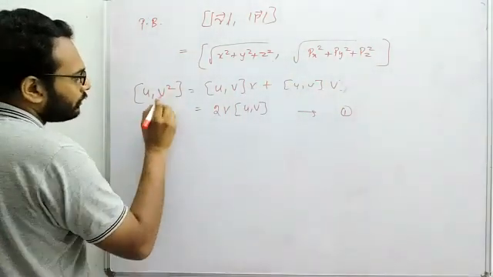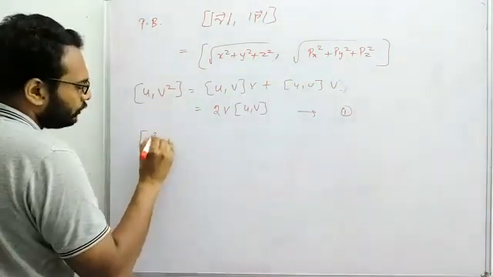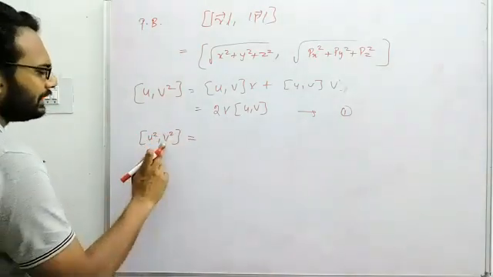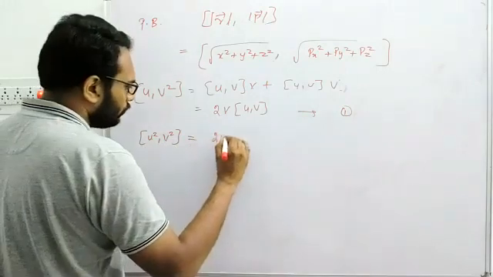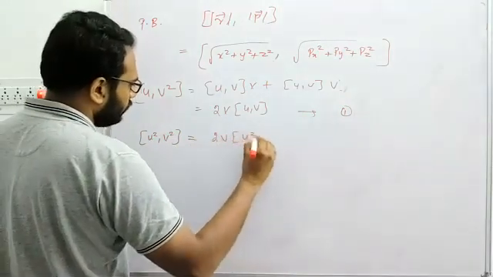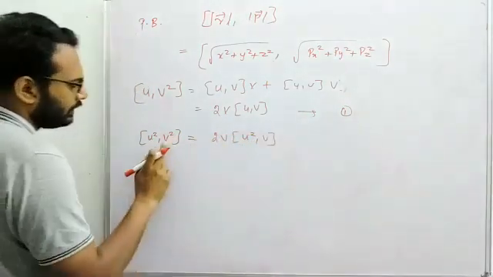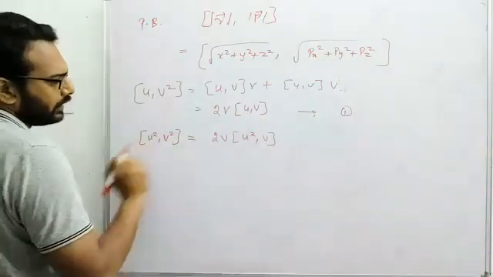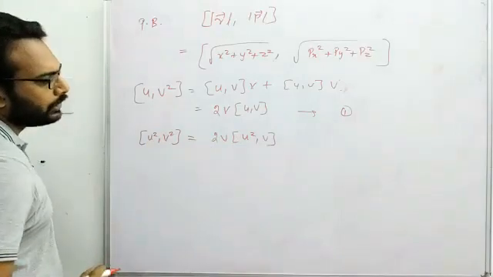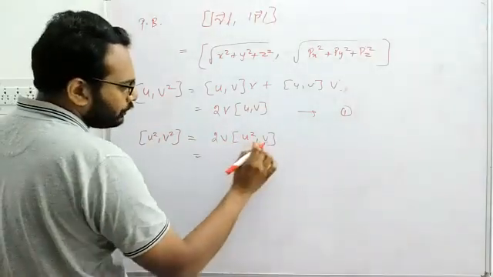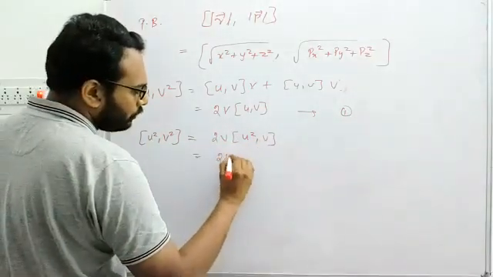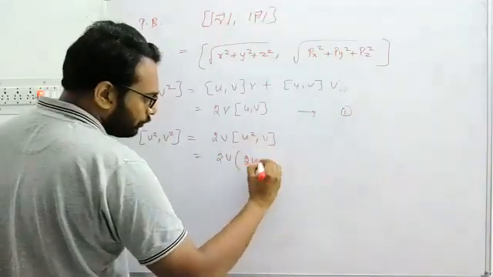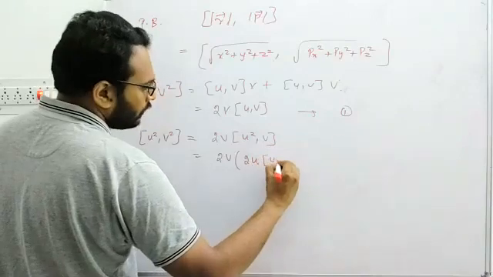Okay. So using this, we find {u², v²}, right? So first let's do this. This is equal to 2v {u², v}, right? We just used this formula for v square alone, all right? So it's equal to 2v {u², v}. And now what's {u², v}? That's equal to 2u {u, v}.